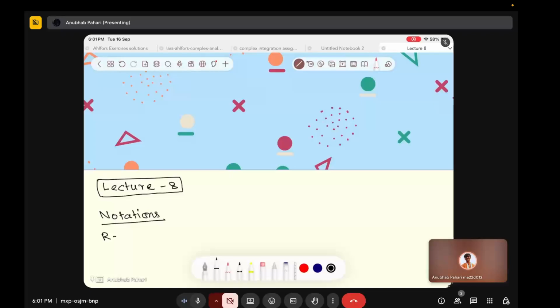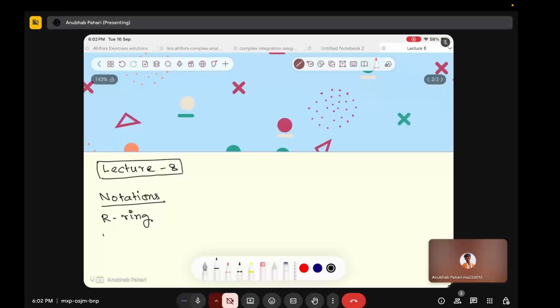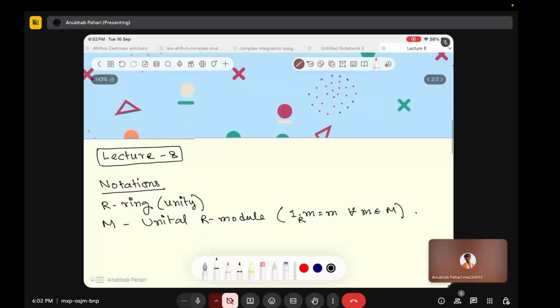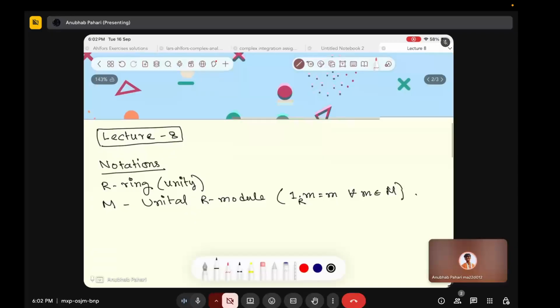We denote R by a ring, with unity it's better, and M a unital R module, that means 1 dot m equals m, for every m belongs to M.